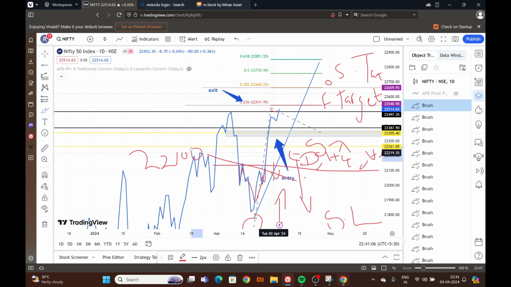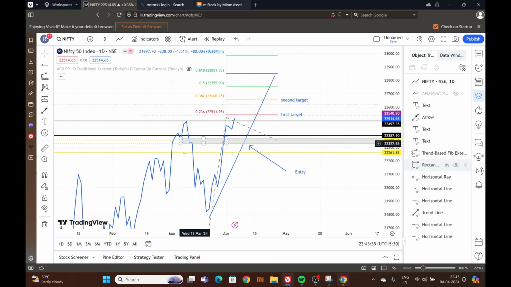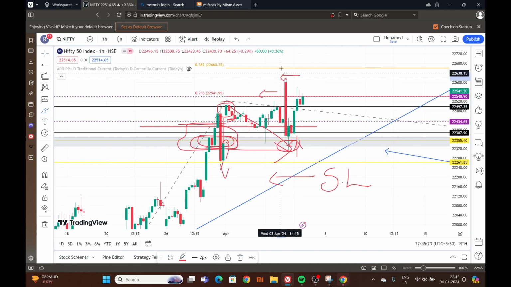Crossing this level, we should not go sell. We can try selling from somewhere near the top up to this level when a bearish trend forms, but I would suggest not selling after crossing this price, as it could be a trap. As per our analysis, the market is likely to make an inverted head and shoulders pattern. So this could be the daily support, a huge big gap up.